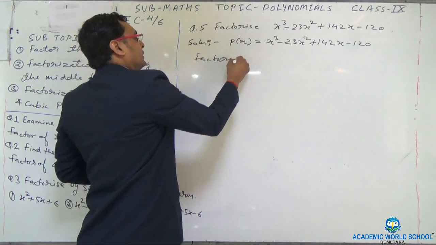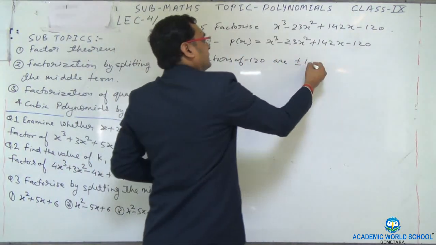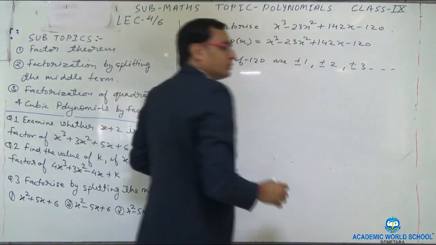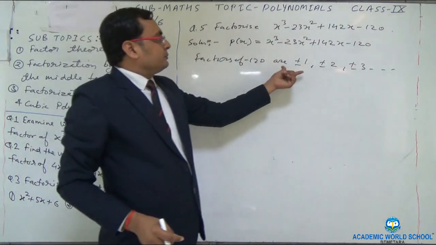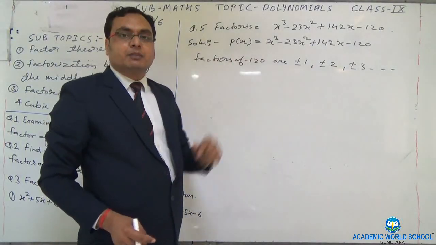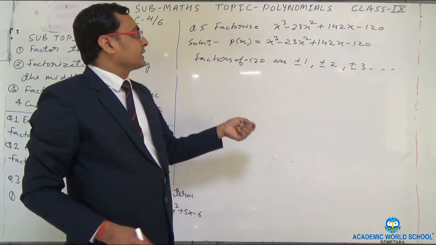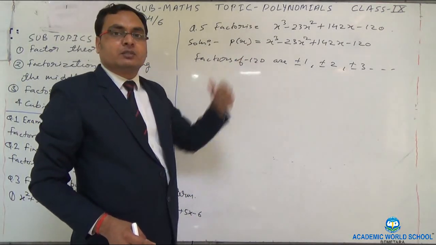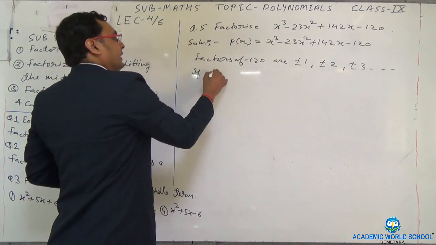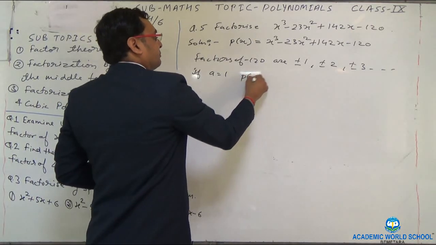Factors of minus 120 are plus minus 1, plus minus 2, plus minus 3 and so on. So take these values as a and find the remainder P(a). If the remainder P(a) is equal to 0, then we will get a linear factor of this cubic polynomial by the factor theorem. So if a is equal to 1, then what will be the remainder P(a)?